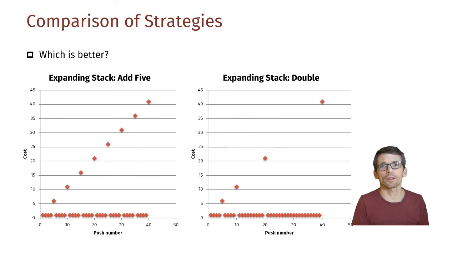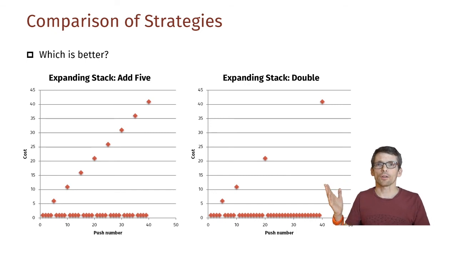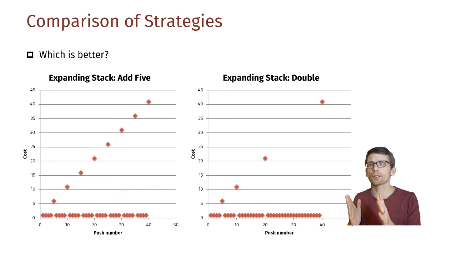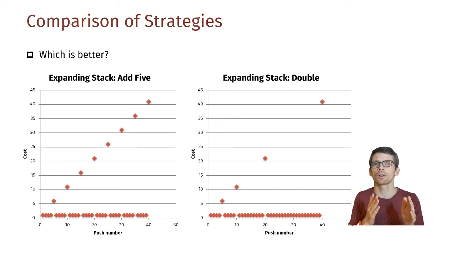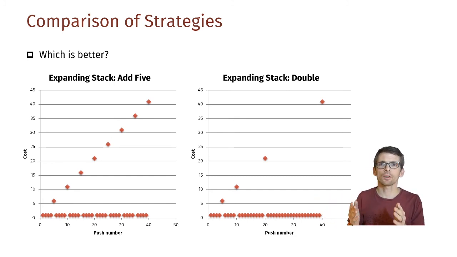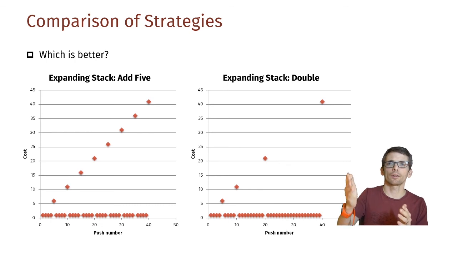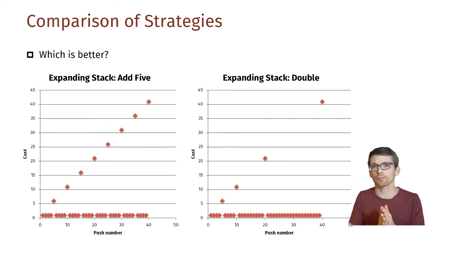So let's have a look at this in terms of the running time. On the one hand, we see an example of the incremental strategy, where we always add 5 elements. In most cases, the running time is constant, but then every time we need to add capacity, we get a linear running time.